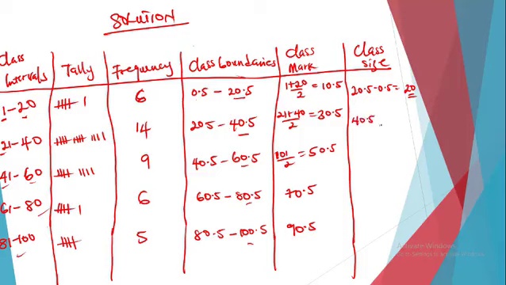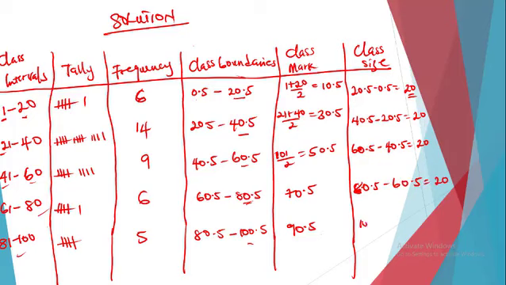And for this, it is 40.5 minus 20.5, and that will give us what? 20. Do we understand? Then for this, it is 60.5 minus 40.5, and that will give us what? 20. So you agree with me that the class size is the same. Is that correct? If you still apply it here, you have 80.5 minus 60.5, and that will give you 20.